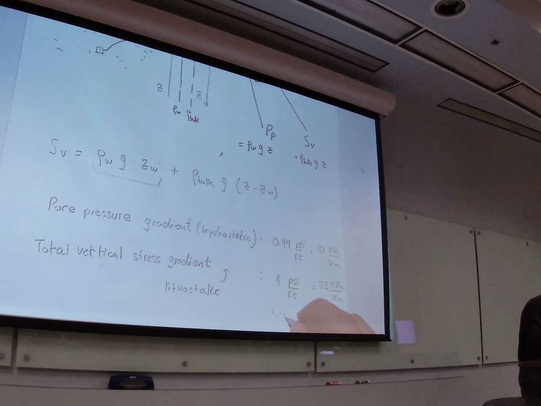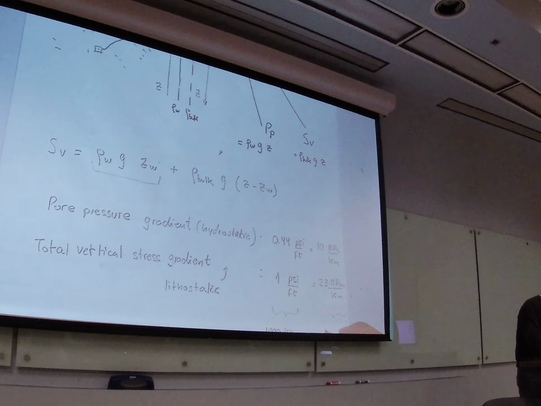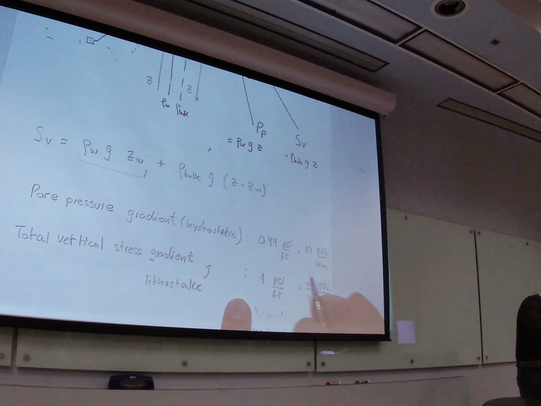For these numbers, I have assumed a density of more or less 1,000 kilograms per meter cube. For this one, I have assumed a density of 2320 kilograms per meter cube.